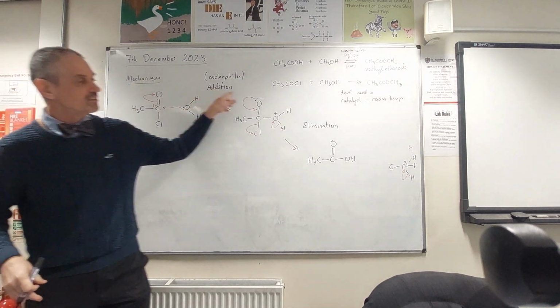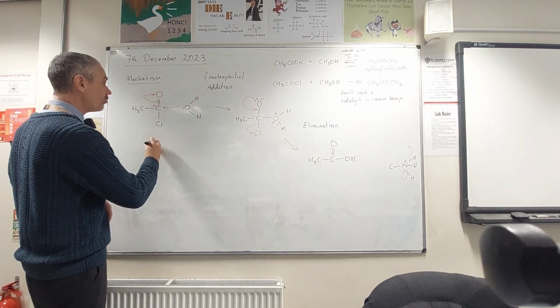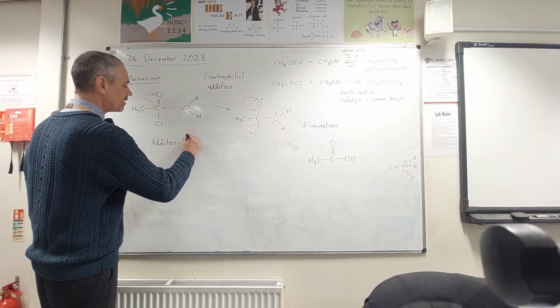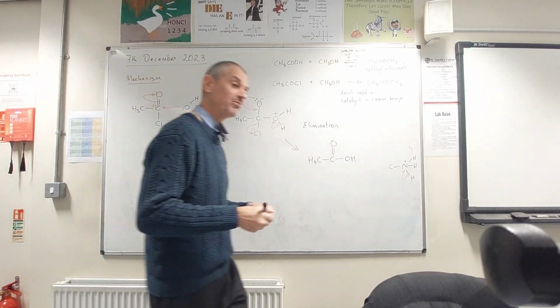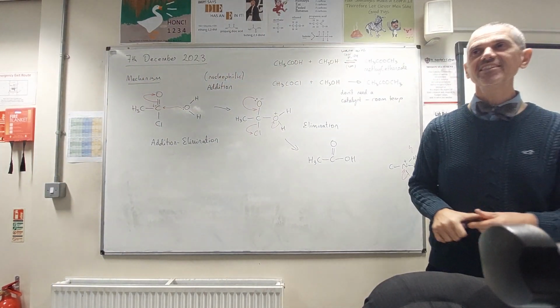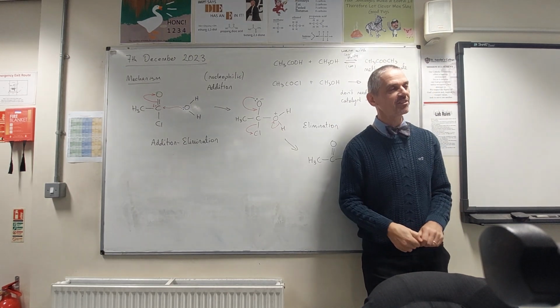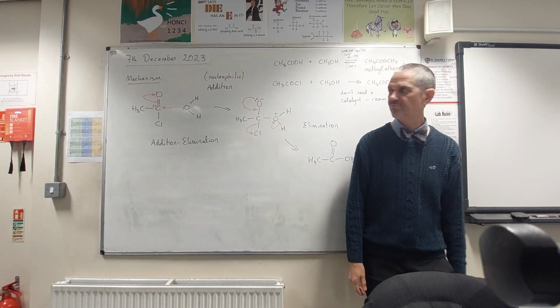So we've got addition followed by elimination. So that's what the mechanism is called. It's just called an addition-elimination mechanism. If you want, you can call it a nucleophilic addition-elimination mechanism, but since there's no other type of addition-elimination mechanism, we don't have to specify the nucleophilic. We could just call it addition-elimination.